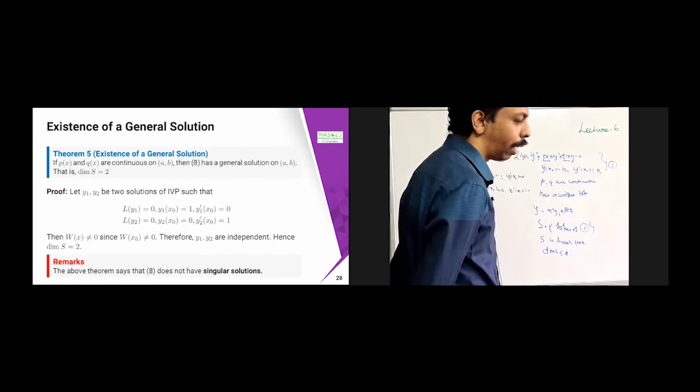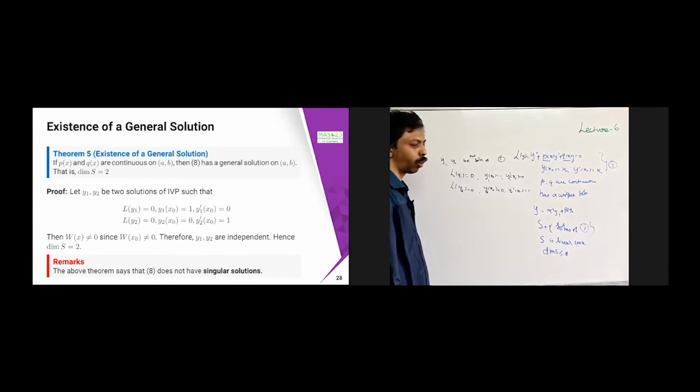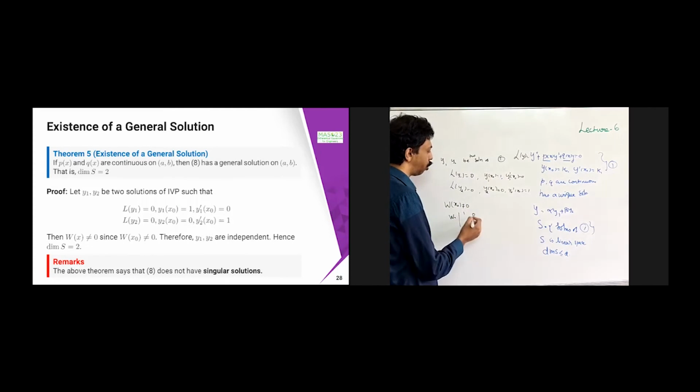Then we can use the same logic as before. Here you can prove that w of x naught is not equal to 0. For example, w of x naught becomes the determinant with y1 of x naught equal to 1, y1 dash of x naught equal to 0, y2 of x naught equal to 0, and y2 dash of x naught equal to 1, which gives 1, not equal to 0.